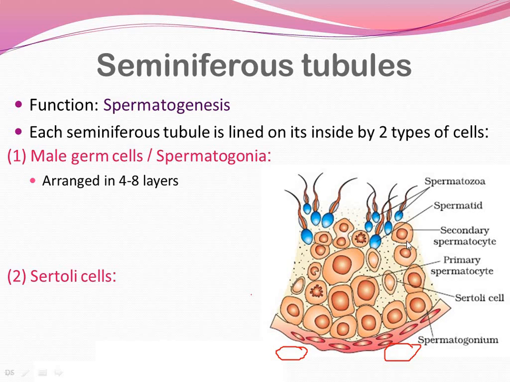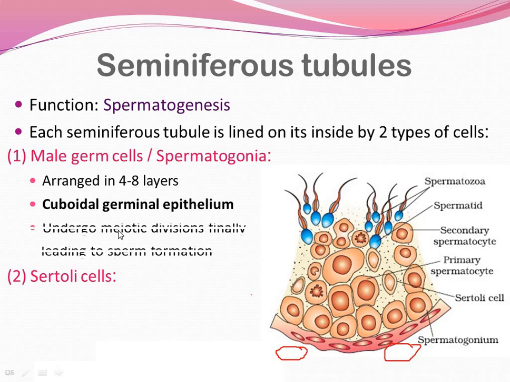Once the process starts, you can just see that some of these cells will divide by mitosis. Initially there is mitosis. You know that mitosis is the somatic cell division, and once this somatic cell division happens, in presence of some of the factors, they will be stimulated to go for meiotic division, right?